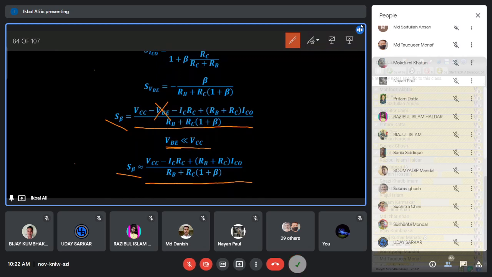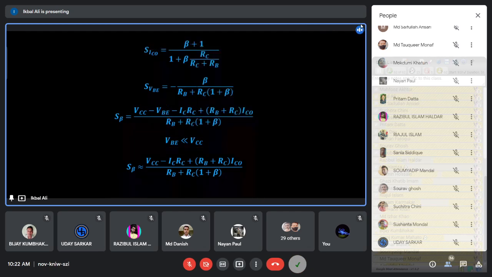Okay, so these are the expressions we have got for the collector to base bias circuit. Look into these expressions: SICO is equal to beta plus 1 by a denominator term. In the denominator, you have some sort of expression. SVBE equal to minus beta by RB plus RC into 1 plus beta.